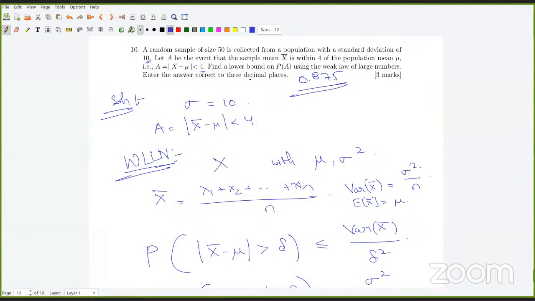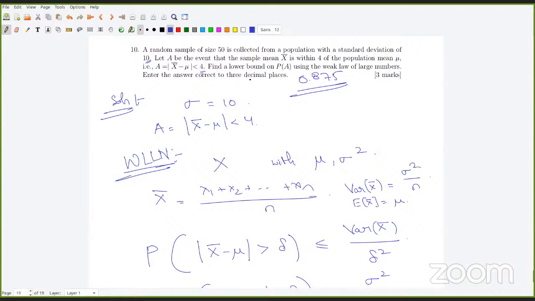This is the most standard proof for the weak law of large numbers, though technically there's another version with a different proof. These are minor points, but I wanted to emphasize them so that you use the correct language when you talk about it.